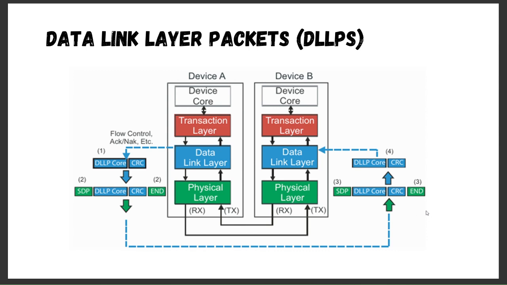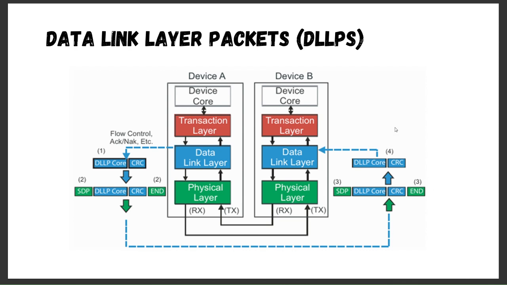And let us now understand, what is the purpose of DLLP? DLLPs are special small packets used for control purposes like acknowledgement and buffer space updates of flow control. It is 8 bytes and much smaller than TLPs, reducing communication overhead.